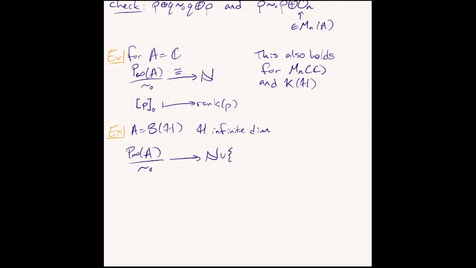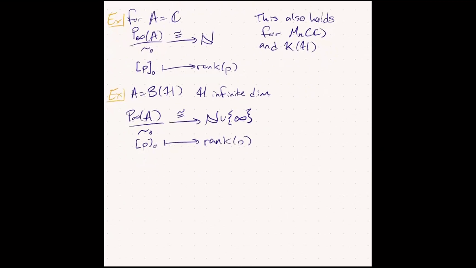So the semigroup is isomorphic to the naturals union infinity, and the same map gives the isomorphism where you take the equivalence class of a projection and send it to its rank. So we have a slightly larger semigroup coming from B of H.